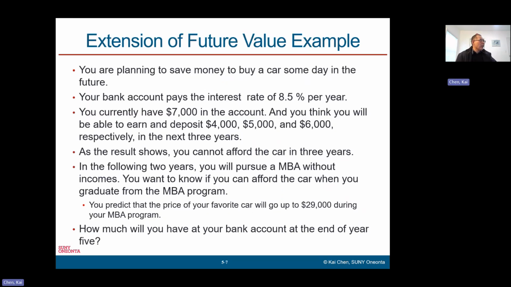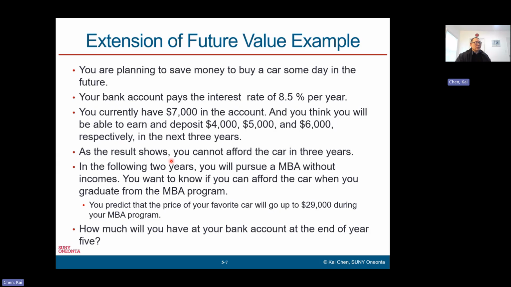Now let's look at the extension of this example. The background information is the same. You are planning to save money to buy a car someday in the future. Your bank account pays an interest rate of 8.5% per year. You currently have $7,000 in the account, and you think you will be able to earn and deposit 4,000, 5,000, and 6,000 respectively in the next 3 years.